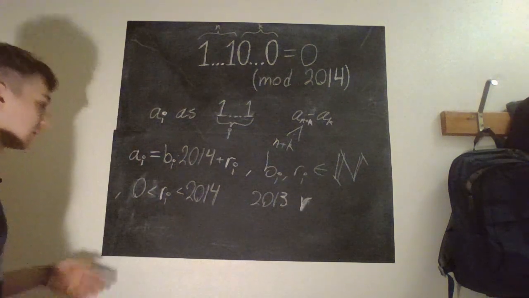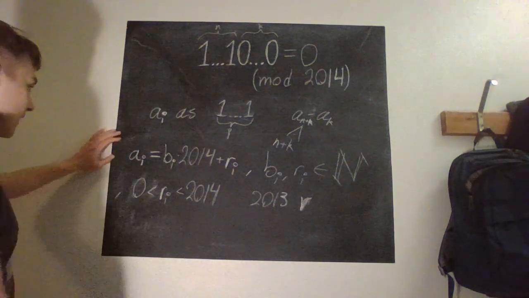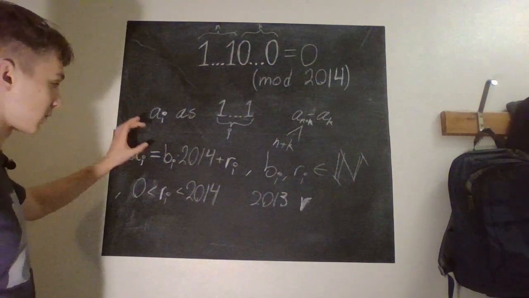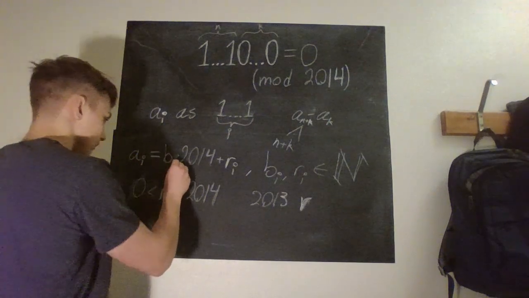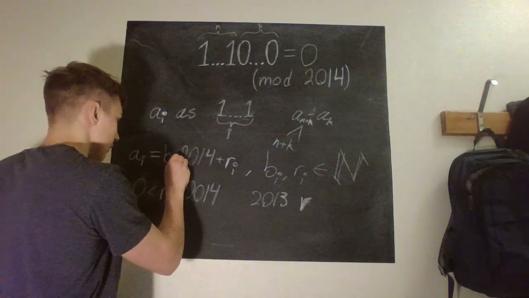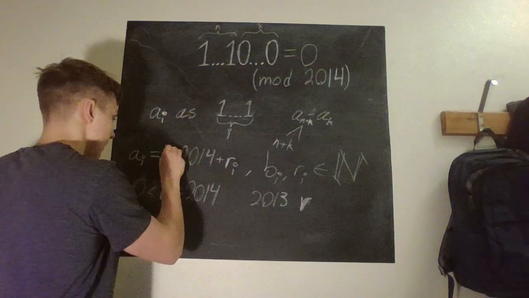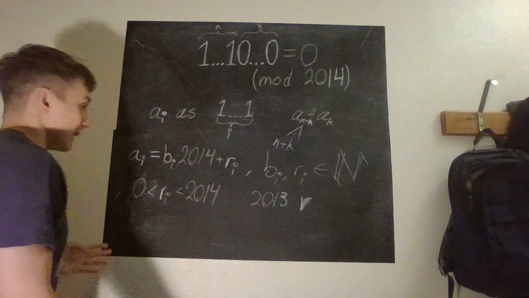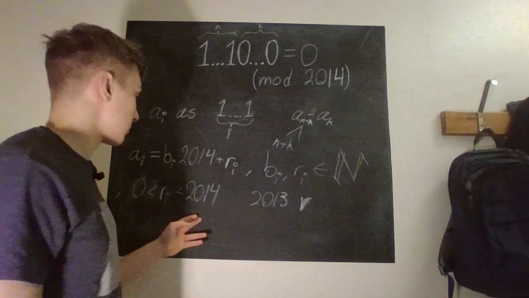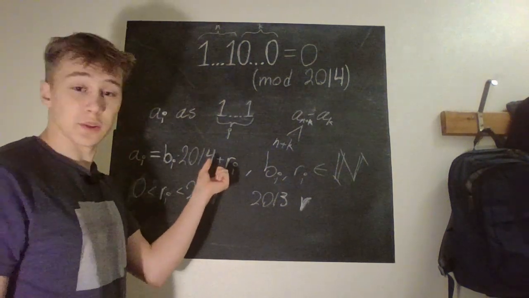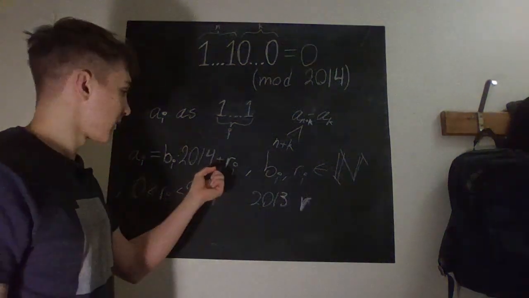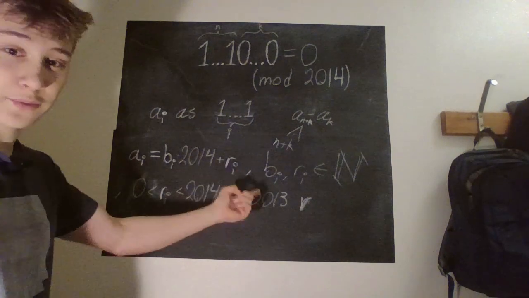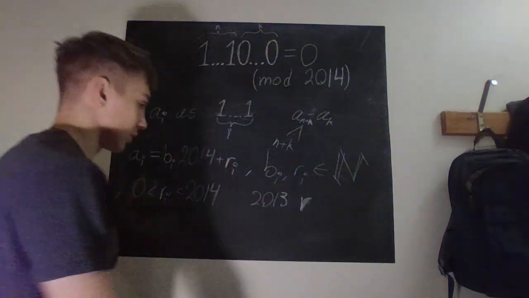And that would then mean that every a_i, every number with only ones in it, would be associated to another number in the lists B and R, and that would mean that we have 2014 r's, but there can only be 2013 different r's.